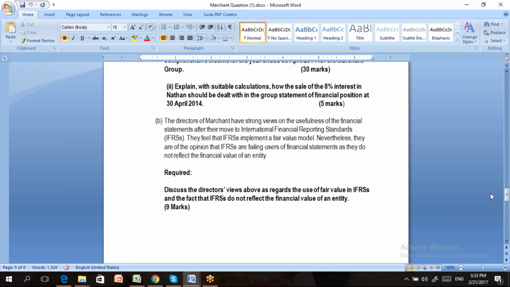I was having a chat with the ACCA examiner on this one. He was specifically looking for this part of the answer. That is to say, IAS 38 allows the measurement on intangible assets, because there was an article by one of your examiners about this item, right? And he was testing straight away on this item.